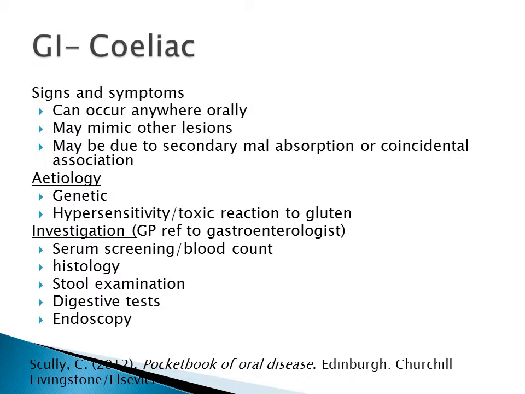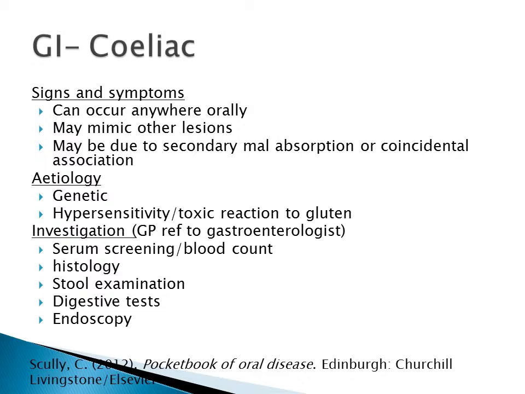The etiopathogenesis is usually genetic background, and there is a hypersensitivity or toxic reaction of the small intestinal mucosa to gluten, and this is found in all forms of wheat and grains, causing villous atrophy and inflammation.